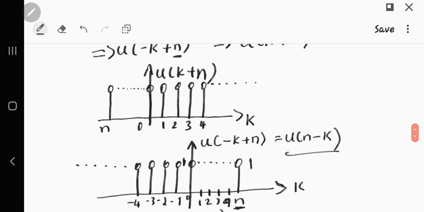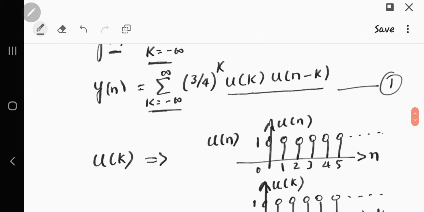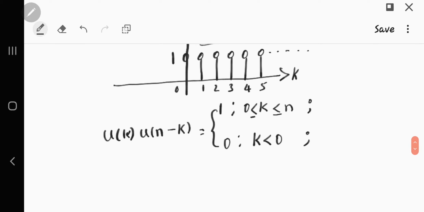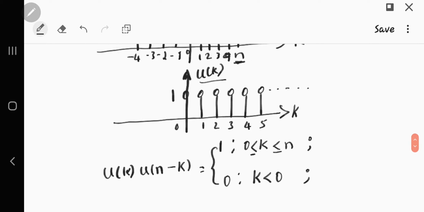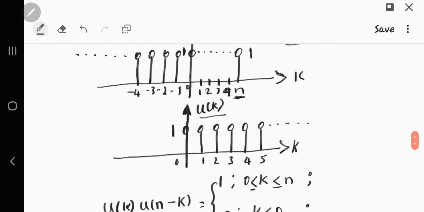But consider the end product. What is the end product? That is y of n, and here n represents the time index. So we should also determine with the value of n as well. Now observe this, for values of n greater than or equal to 0, only the signal will be present, that is u of n minus k.